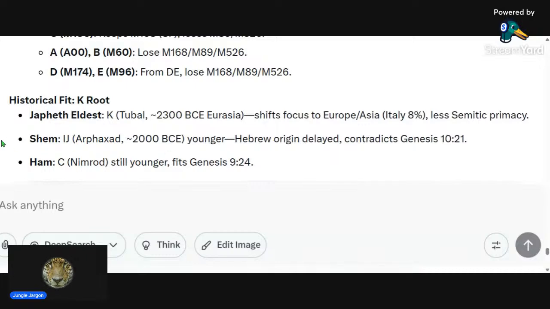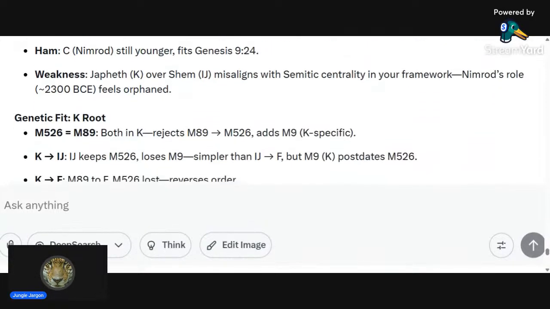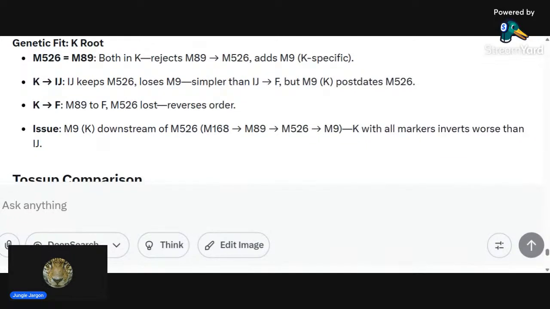Actually, Shem is the older, because we just read Shem's the oldest. So I don't know if it's mixing stuff up or it's trying to say something different than what I'm trying to understand. Let's see, M526, M89, both K, both NK. Well, if it's in Aram, yeah, it was NK too.